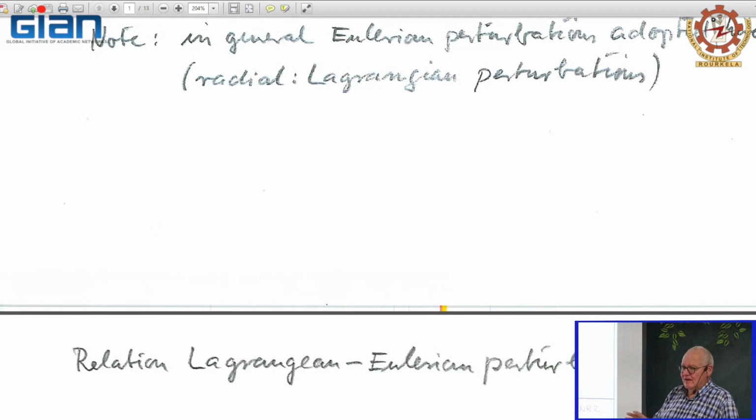So the different ways of looking at the system, co-moving observer or fixed observer in space, transfers also to the description of the perturbations, and we have to distinguish between co-moving perturbations and fixed perturbations. That means between Lagrangian perturbations and Eulerian perturbations. This is pretty important to distinguish.